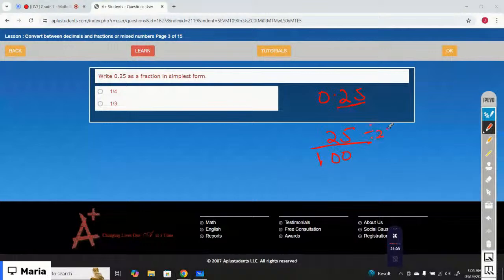Divide them by 25. 25 times 1 is 25 and 25 times 4 is 100, so that is 1 over 4. Option number 1 is the correct option, right? The correct option is 1 by 4. Option number 1 is the correct option.